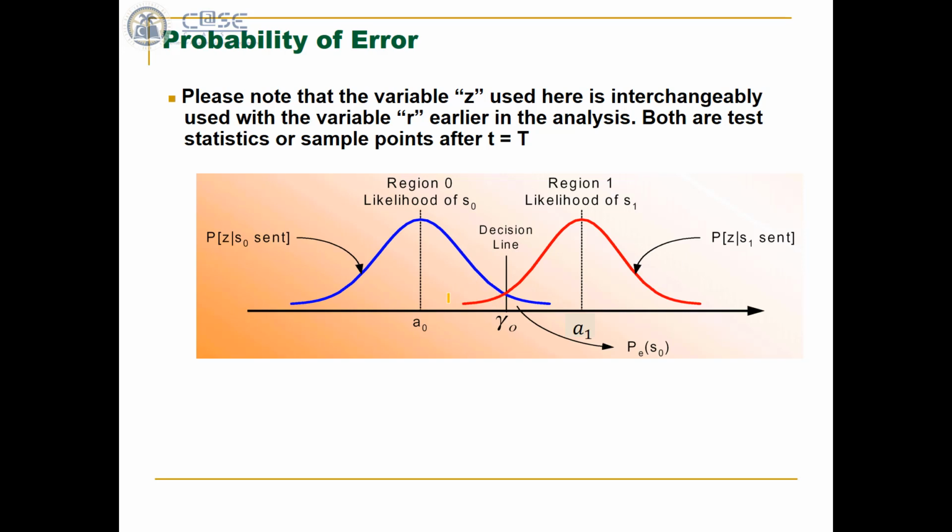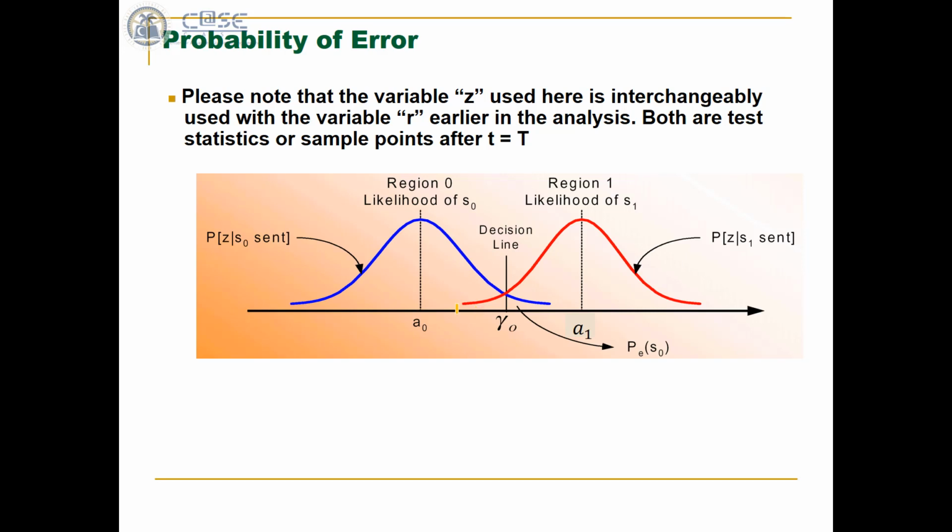So for all these points below gamma naught, if the test statistic comes out to be below gamma naught, the receiver is going to take the decision in favor of signal class S0. Why? Because we have seen in the MAP rule, we are taking decisions on the basis of likelihood probabilities, and taking the decision in favor of the signal class that results in the highest likelihood probability.